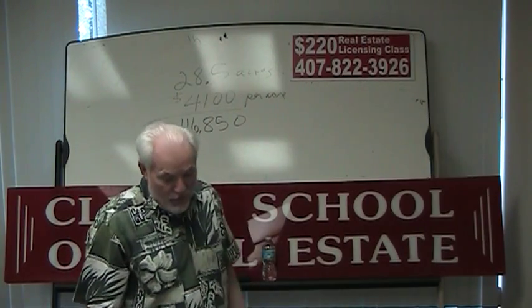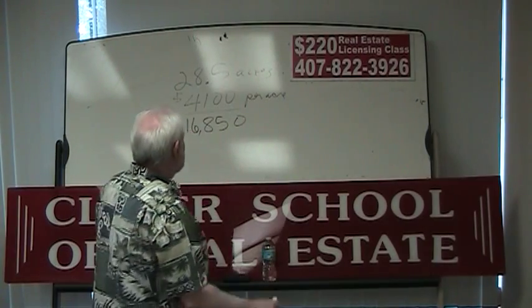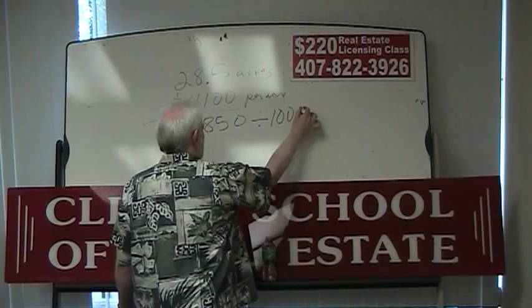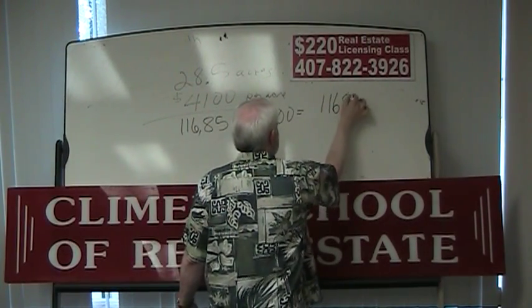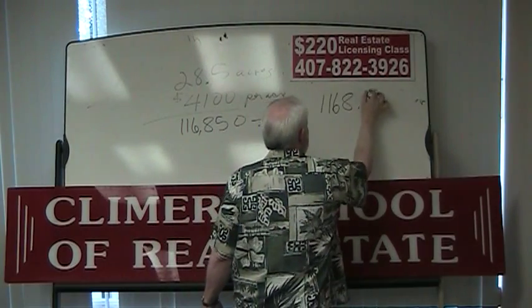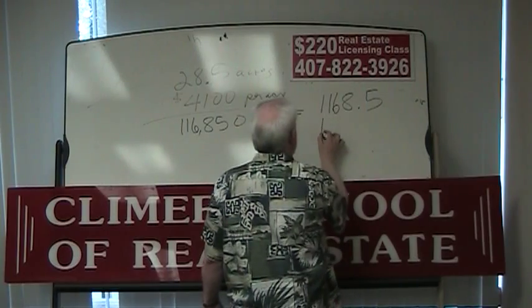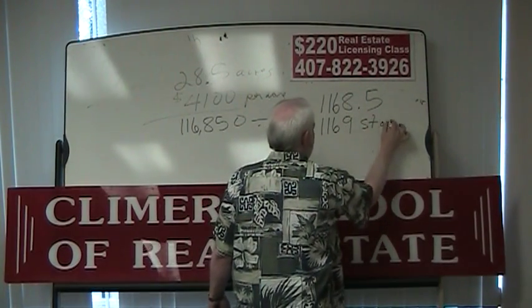Question is, how much are the documentary stamps on the deed? We're going to divide this by 100, and we see that you need 1,168.5 stamps. You can't buy half a stamp. So you need 1,169 stamps.